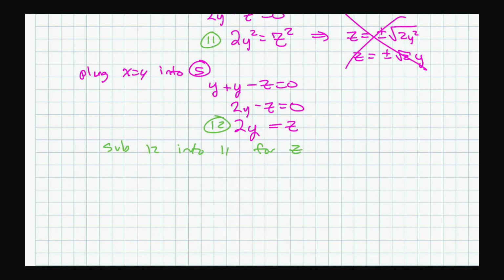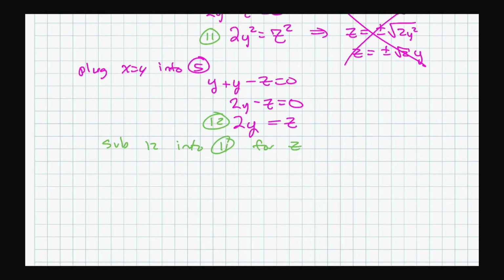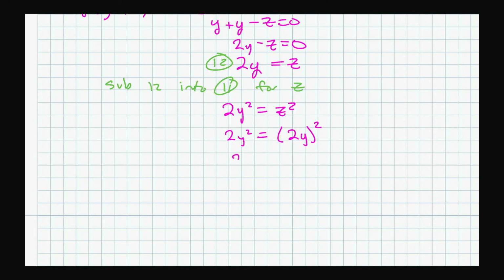Okay, so you've got equation 11, right? Which is 2y squared equals z squared. But if we replace the z with 2y, then you end up with 2y squared equals 4y squared. So you see we're getting somewhere here.